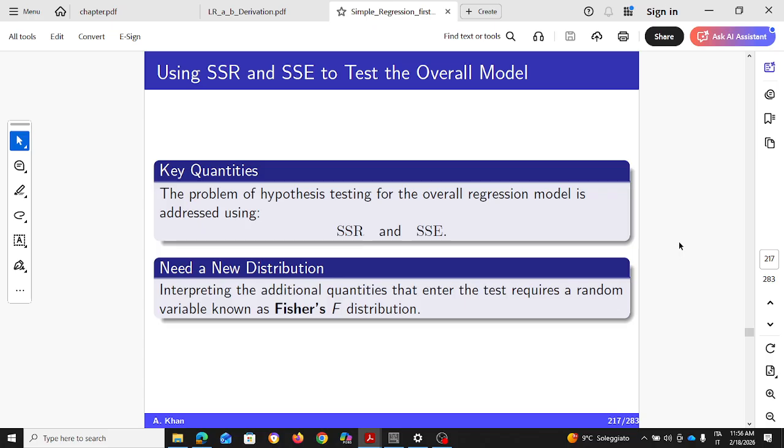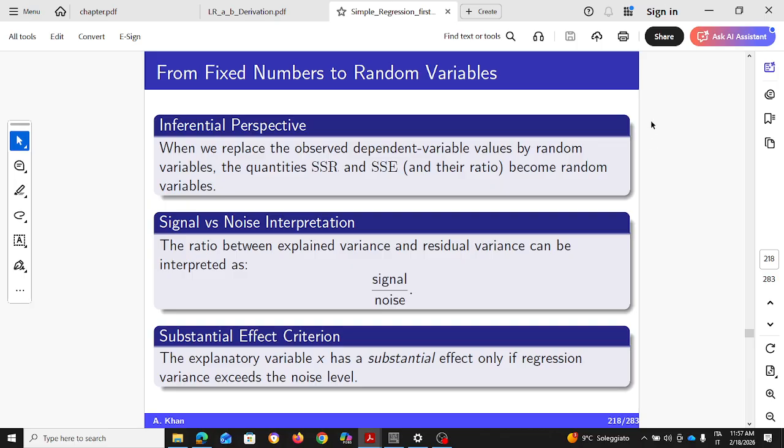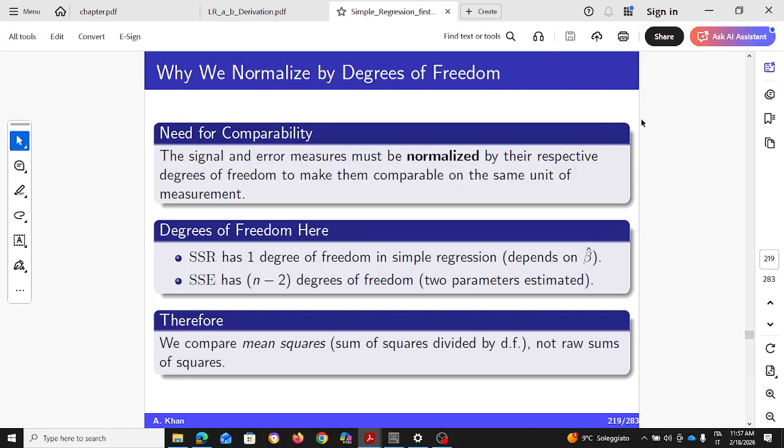To do that, we fall back on the usual things we had before, SSR and SSE. This will give us a new distribution, and based on that distribution we would know the significance of the whole model, which is called the Fisher distribution, which is basically a signal-to-noise ratio.